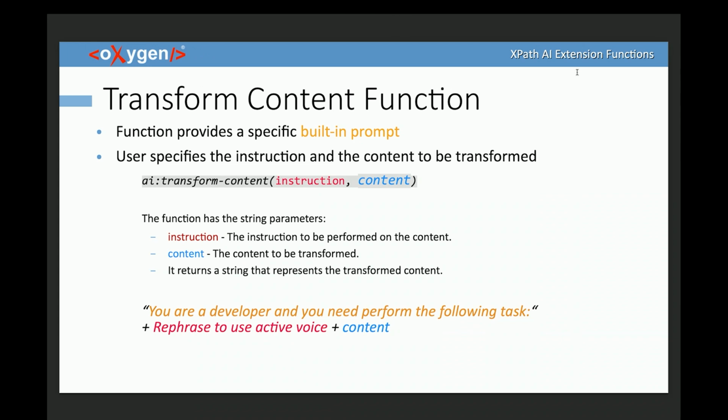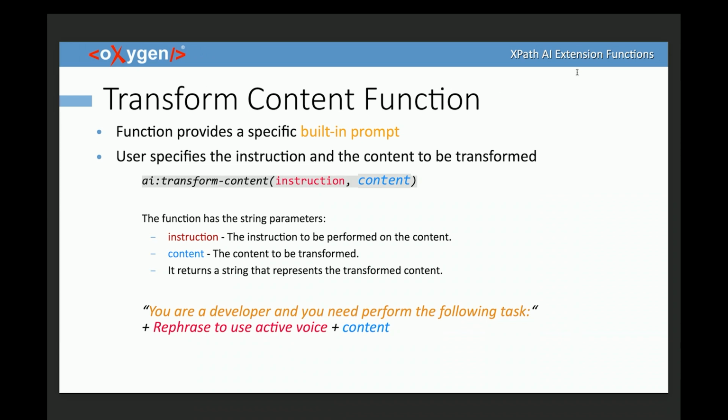The transform content function also has a built-in prompt, like the action that Radu showed you. It has a built-in prompt that we set in the Oxygen installation, and then you can provide the instruction and the content. The built-in prompt is like: you are a developer and you need to perform the following task.